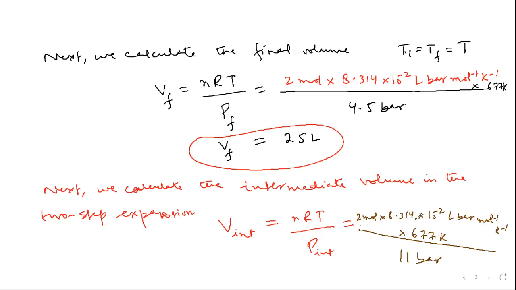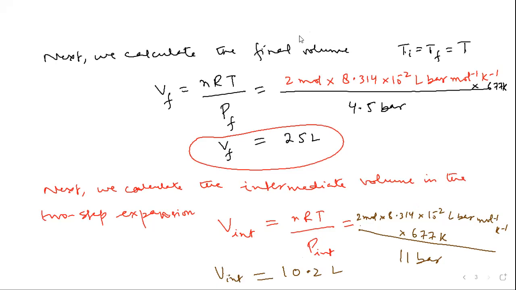When you solve for it, you will get 10.2 liter. We have calculated the intermediate volume as 10.2 liter.